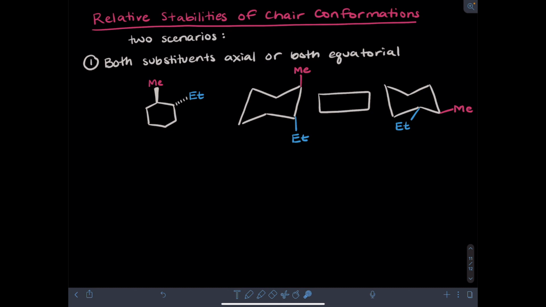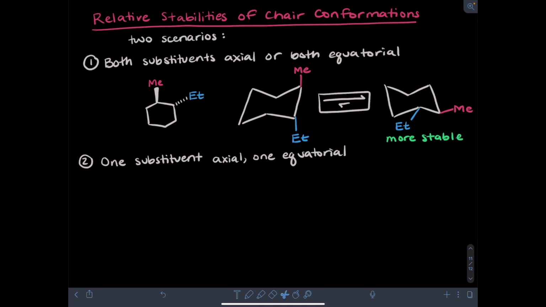Notice my structure on the left contains 2 axial substituents, and my structure on the right contains 2 equatorial ones. The structure in which both substituents are equatorial is more stable. This structure minimizes 1,3 diaxial interactions. I could draw in an equilibrium arrow favoring this more stable side.